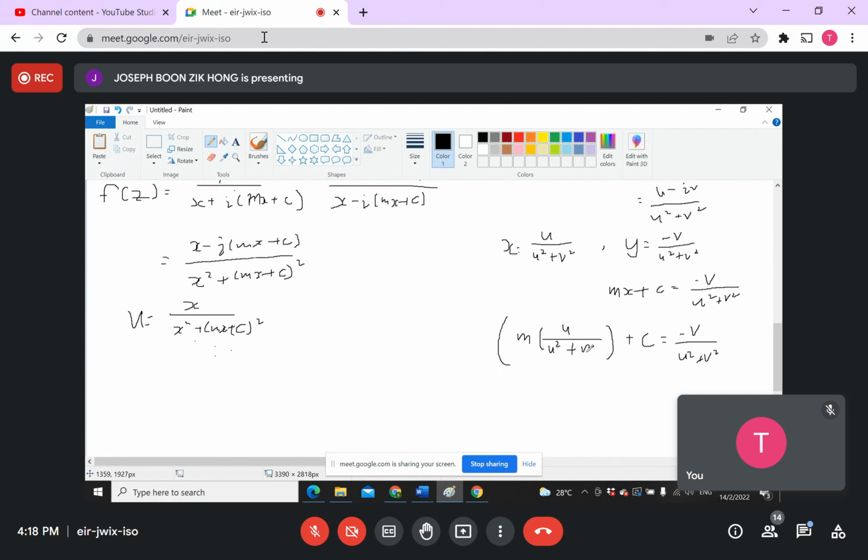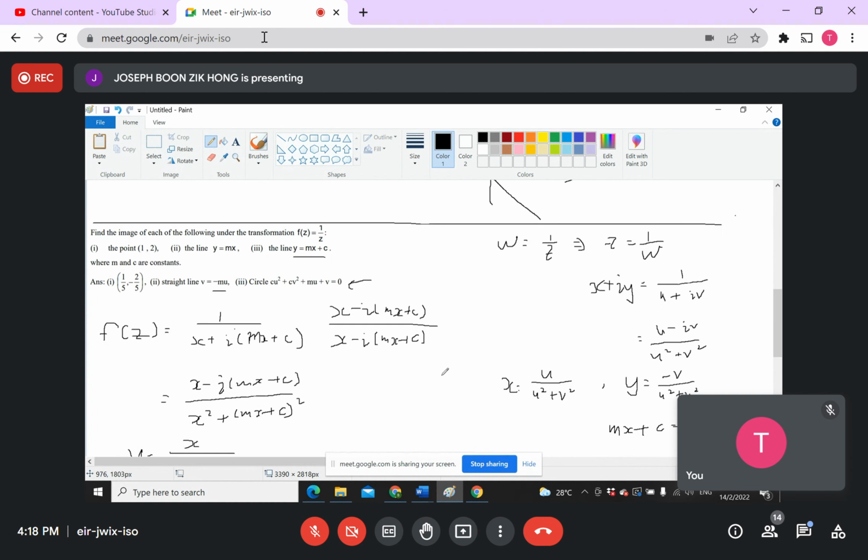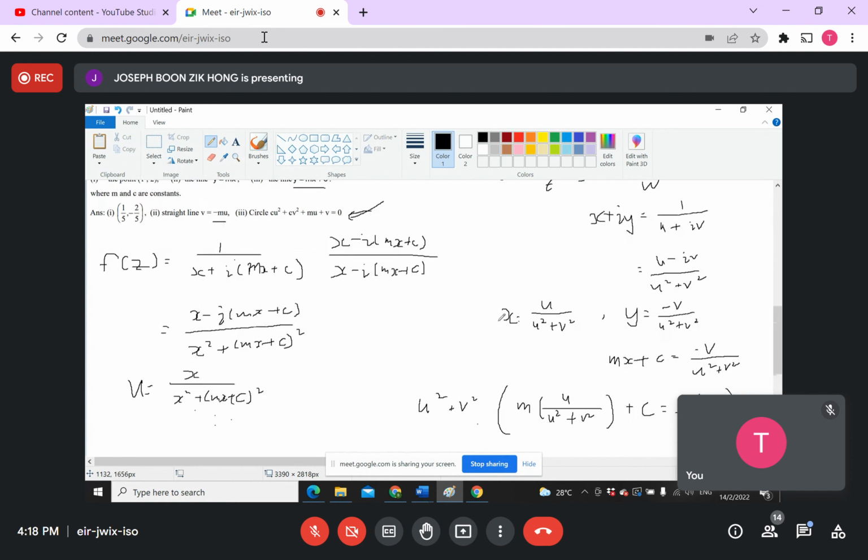And then what you do is you times the whole thing by u squared plus v squared. Then you will get something like this. Only the last step, you just need to times everything and then move to the front. Then you have this one. Okay, so any questions before I proceed to question 2?